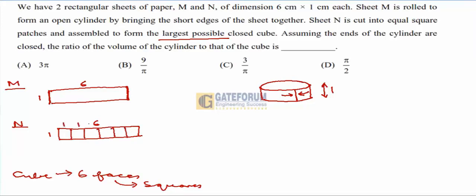So each of them will be 1, right? 6 by 6 is 1. This also will be 1. And this side will be 1. So we have 6 squares, all of them of the dimension 1 into 1.